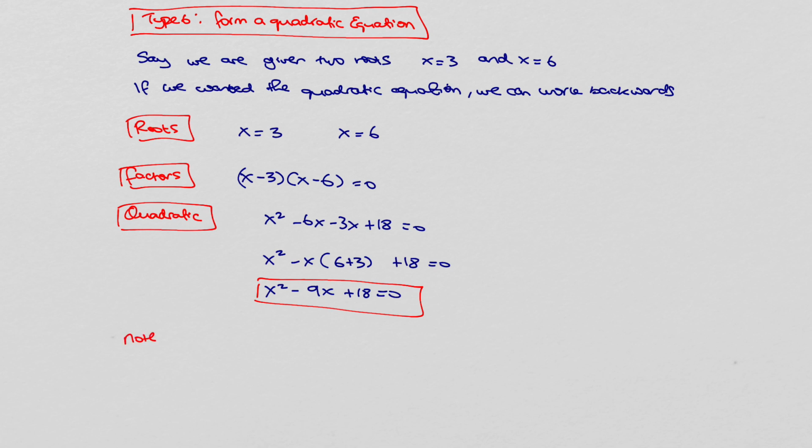But if we note, the coefficient of x is the sum of the roots. Because 3 and 6 were the roots, and if we add them, we get the coefficient of x there. And the constant is the product of the roots, because 6 times 3 is 18.